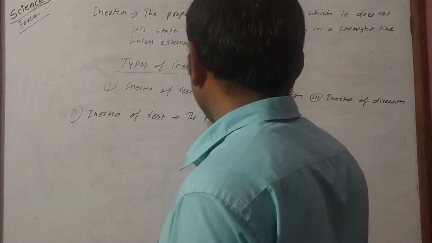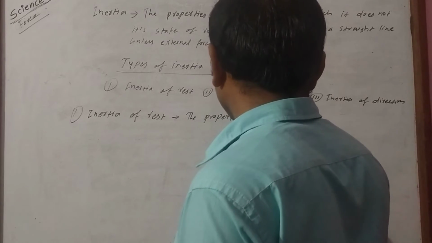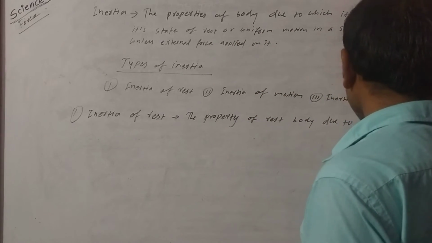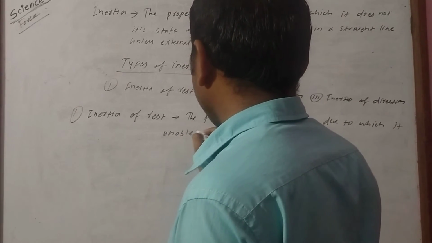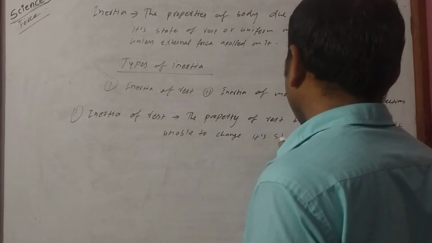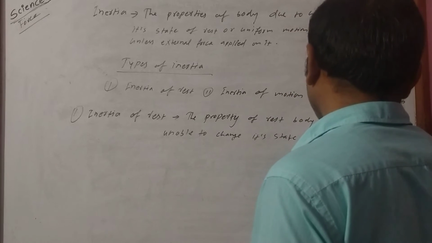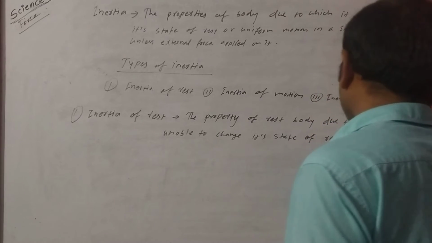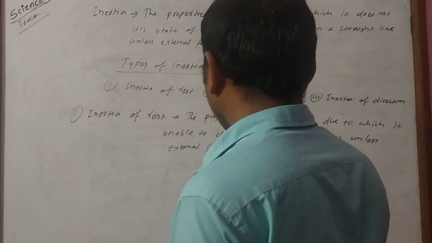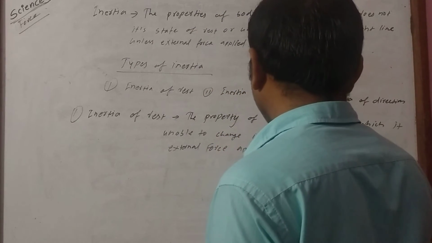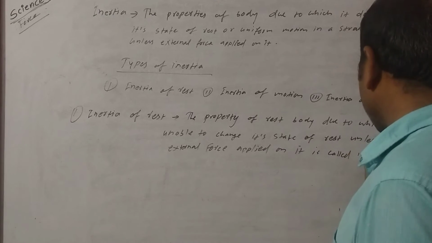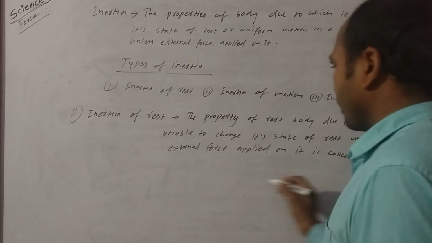The property of a rest body due to which it is unable to change its state of rest unless an external force is applied on it is called inertia of rest.